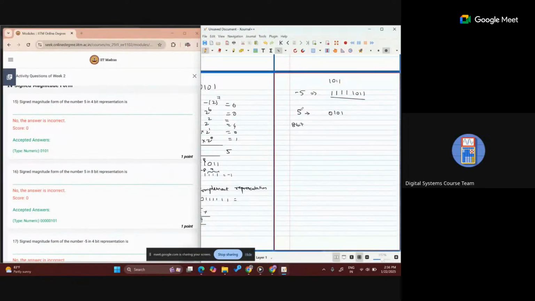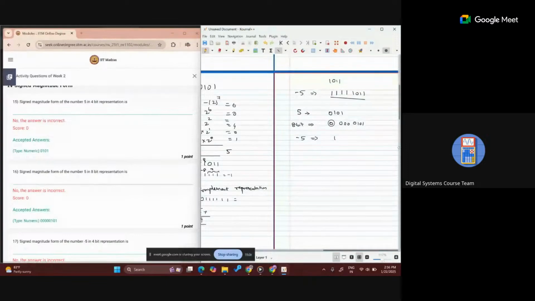In 8-bit, the preceding is 0, so the most significant bit is 0 because of signed representation. The remaining number is 0101, and the remaining bits you are supposed to fill with zeros. That's it. So what is minus 5 in signed magnitude representation? It will be 1 and then 3 zeros.